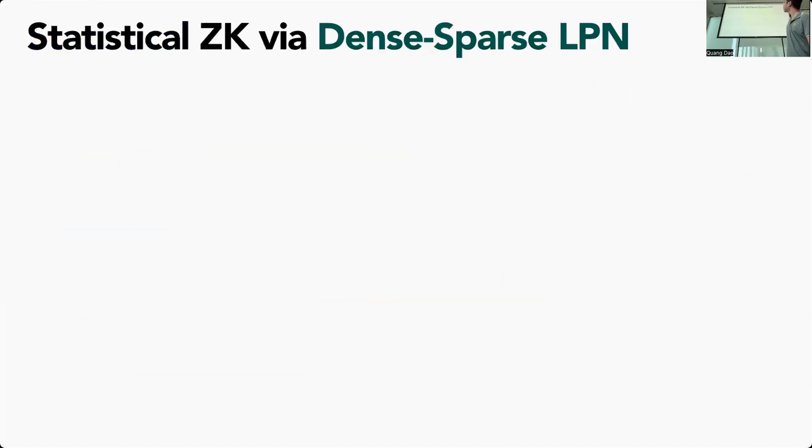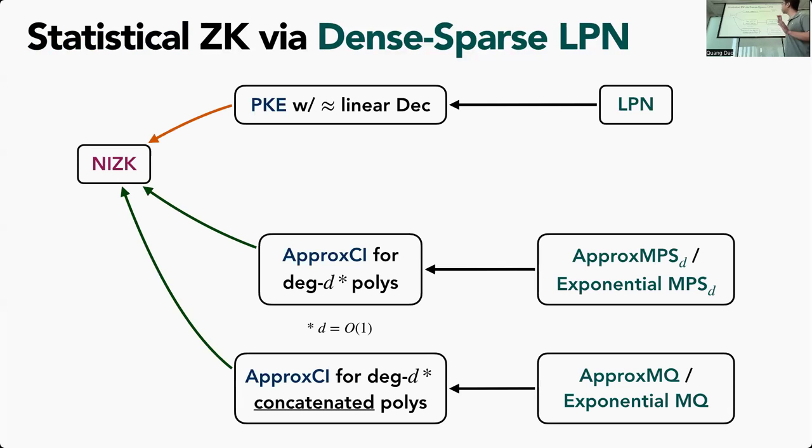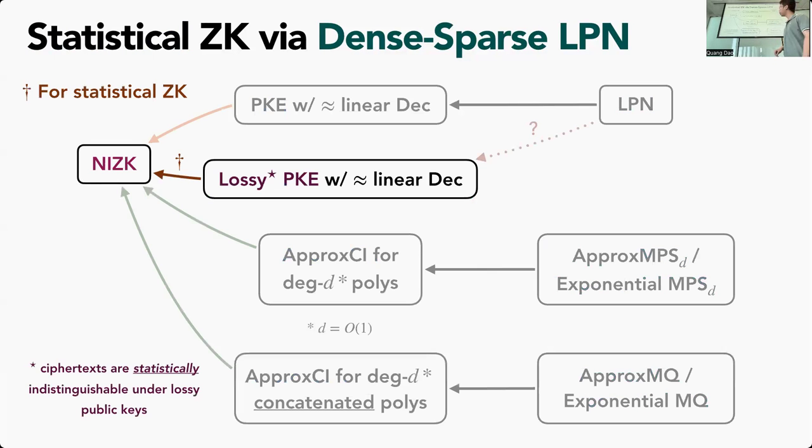So that's that. And as promised, I might get to the Dense-Sparse LPN stuff. But now let me just say, here's the template so far. We have achieved NIZK. If we want the extra statistical zero knowledge property, what we want is that in the first message, you have an encryption scheme where you can switch the public key, and it makes your encryptions statistically indistinguishable from random.